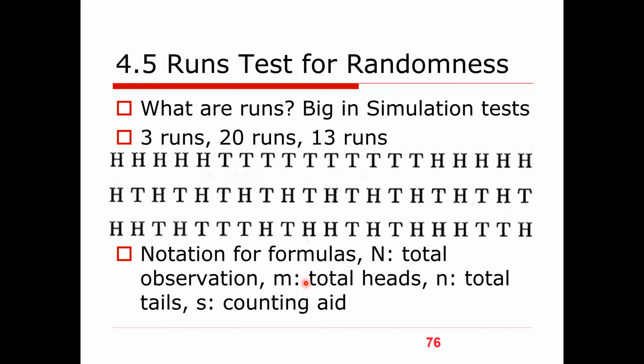Lowercase m is the total heads or the number of 1 outcomes. Lowercase n is the total tails or the number of the other outcomes. And then S is a counting aid, because S helps determine the probability of getting a certain number of runs.